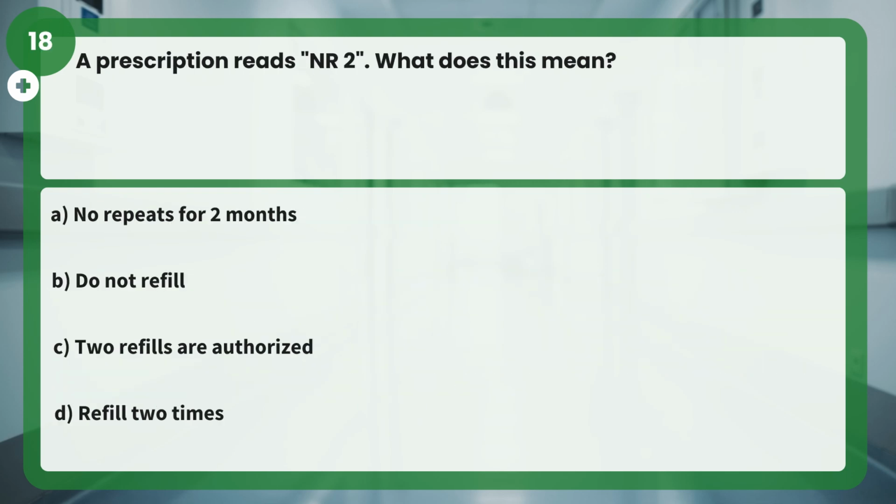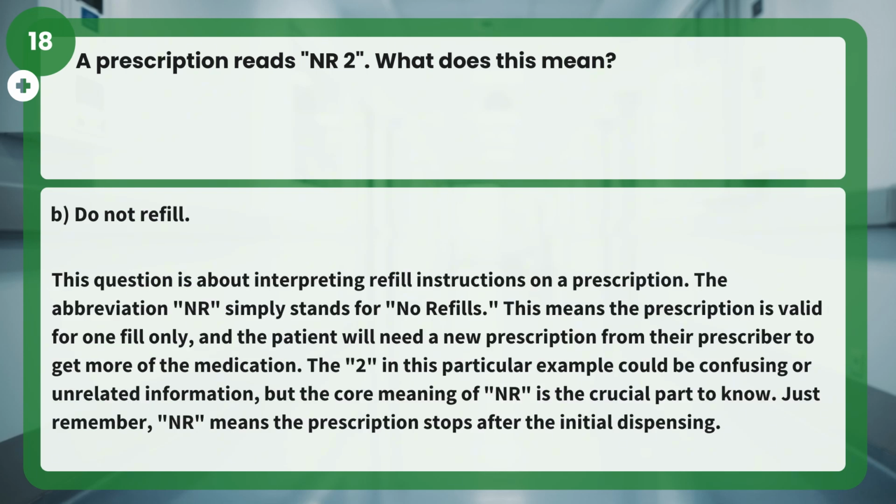Question 18. A prescription reads NR2. What does this mean? A. No repeats for 2 months. B. Do not refill. C. 2 refills are authorized. D. Refill 2 times. Answer: B. Do not refill. This question is about interpreting refill instructions on a prescription.